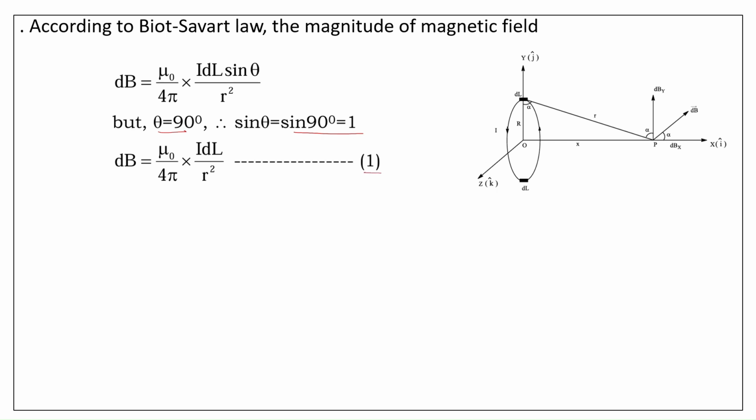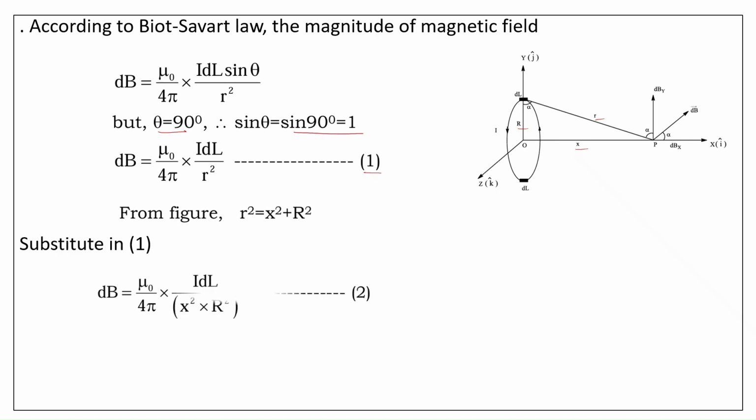Mark as equation 1. From the figure, small r square is equal to x square plus r square. Substituting in 1, we get dB is equal to mu naught by 4 pi into I dl by x square plus r square. Mark as equation 2.